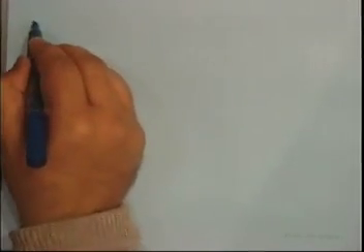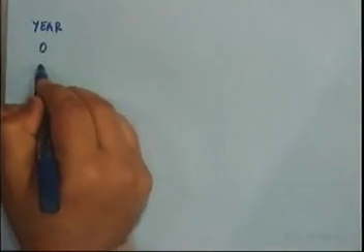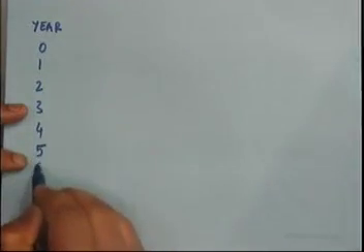Or else I can give you a tabular setup through which you can work it out. So, here I write year 0, 1, 2, 3, 4, 5, 6.